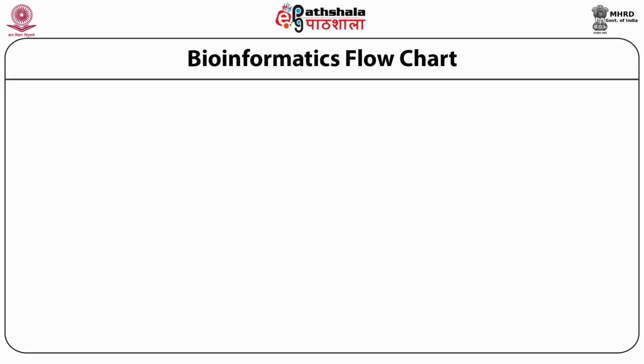We discuss the bioinformatics flow chart for comparative genomics. First, people need to do the sequencing by any method, especially since high-throughput genome sequencing techniques are available nowadays. So you first sequence the genes, then analyze the nucleic acid sequences, followed by analysis of the protein sequences.